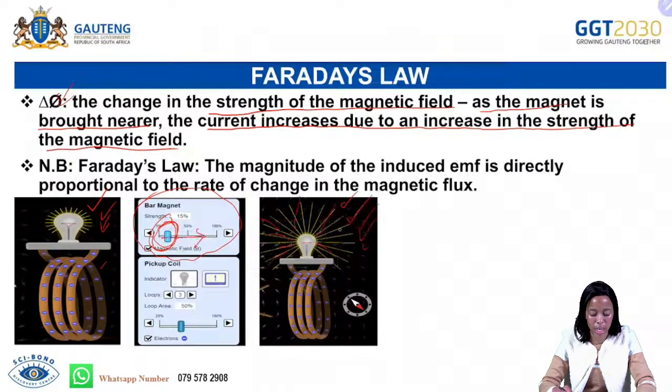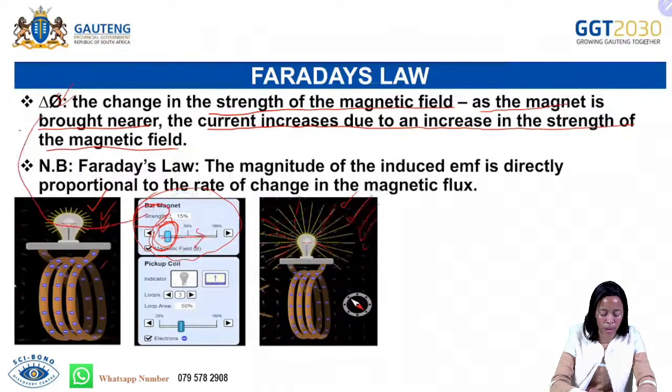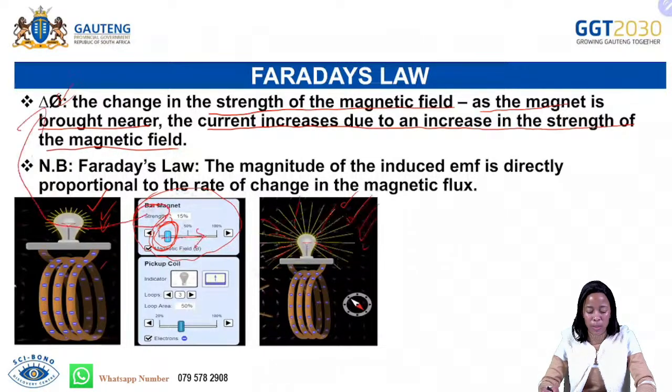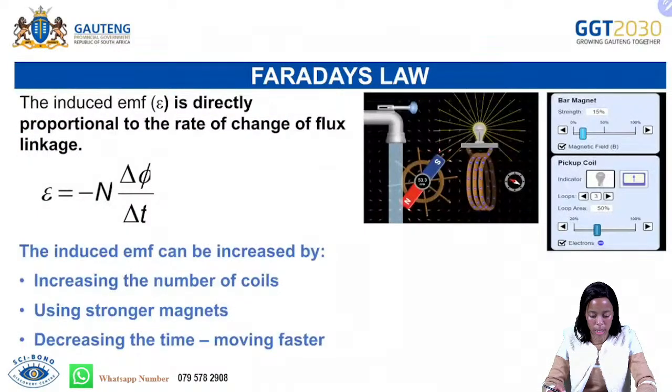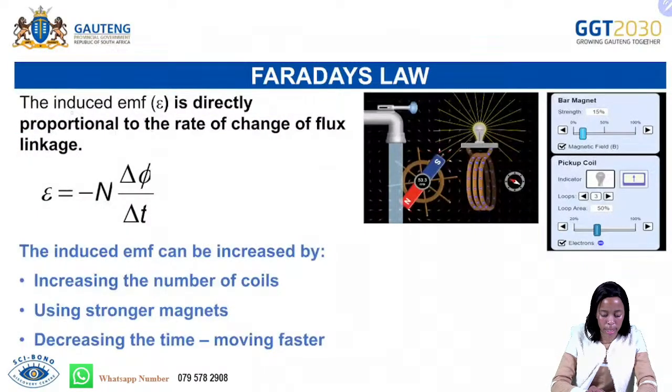So if we increase the strength of the magnet, which is the same as the change in phi, the EMF induced, so the electricity that is produced, would also increase there. Then it says here the induced EMF is directly proportional to the rate of change of the magnetic flux linkage.